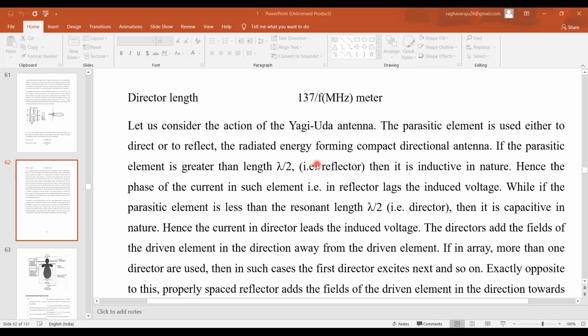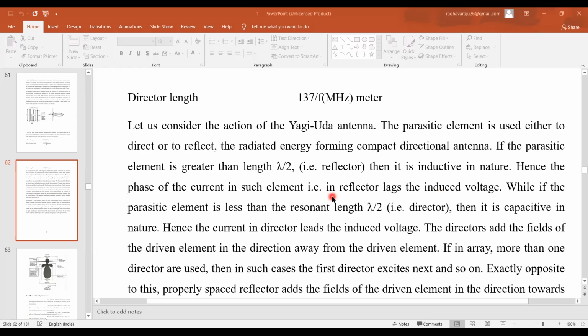Hence the phase of the current in such an element, that is, in a reflector, lags the induced voltage.